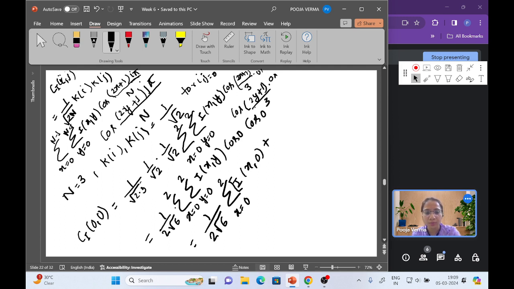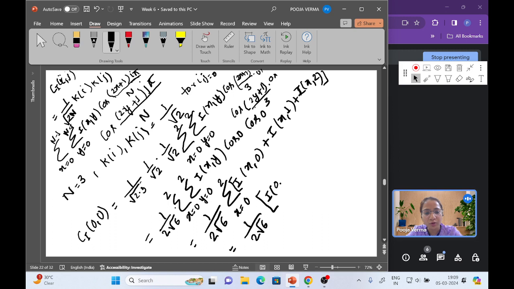I(x,0) plus I(x,1) plus I(x,2), right? Previously we have already solved this type of question. This is nothing but the summation of all the components. Here we will put x equal to 0 to 2 at each iteration. First we will put x equal to 0, then 1, then 2.